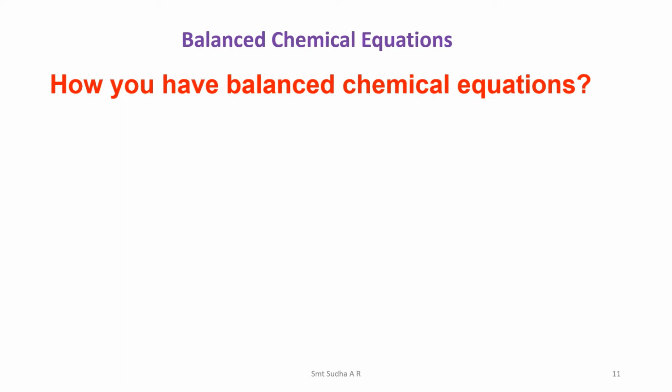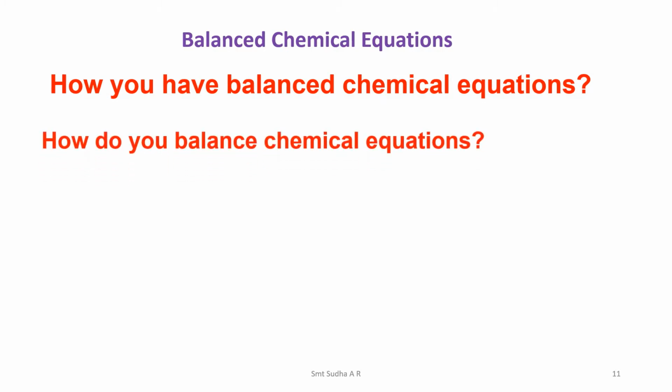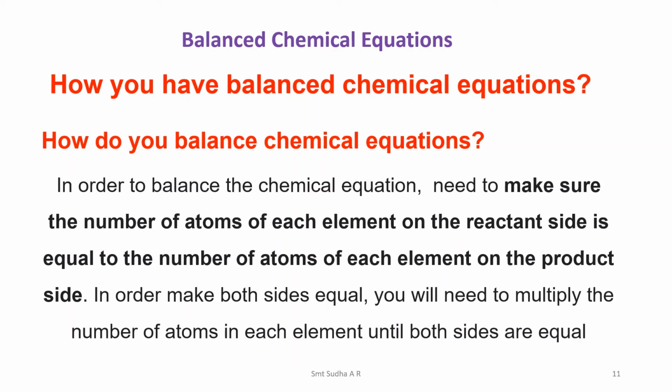Okay. Next, how have you balanced the chemical equation? They will ask the question, how have you balanced the chemical equation? Or someone will come and ask you, how do you balance the chemical equation? If they ask questions like this, you have to write in your own words.